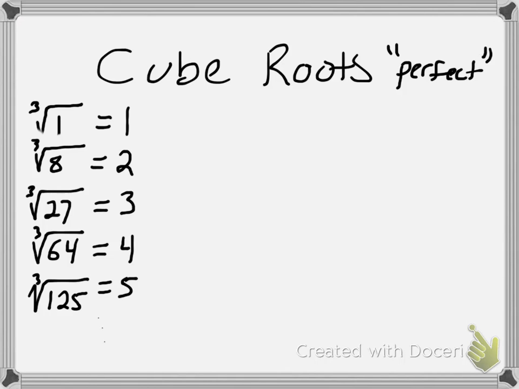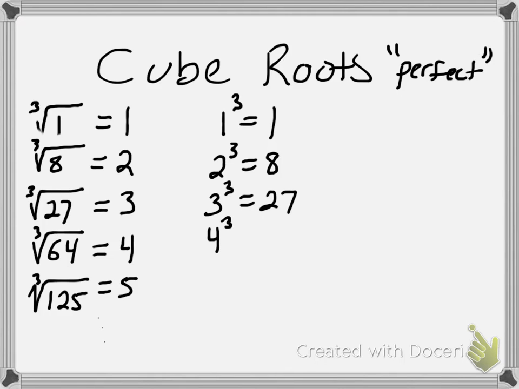Again, these numbers come from the fact that 1 to the third would give us 1, which is the number in the radical, and 2 to the third would give us 8, or 3 to the third gives us 27, or 4 to the third gives us 64, and 5 to the third gives you 125.